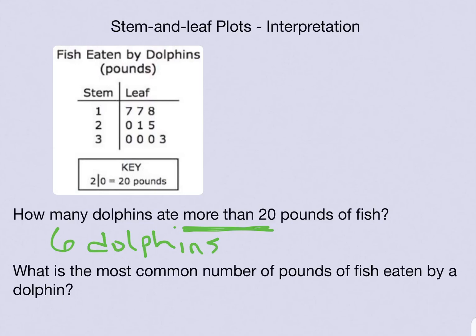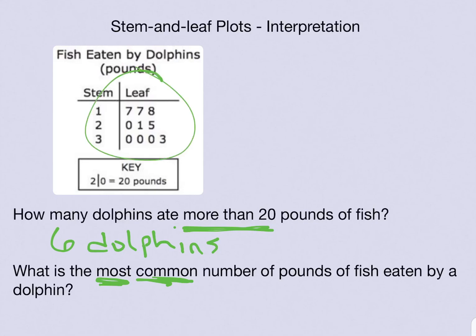Okay, our next question. What is the most common number of pounds of fish eaten by a dolphin, according to this stem and leaf plot? Now, when you first see the word most, some people may jump straight to the end, 33, and think, oh, that's the most. But it says the most common number. The most common means it shows up the most. Another word for that is the mode.